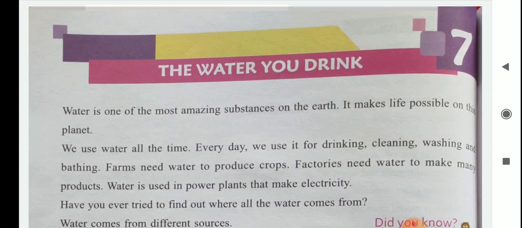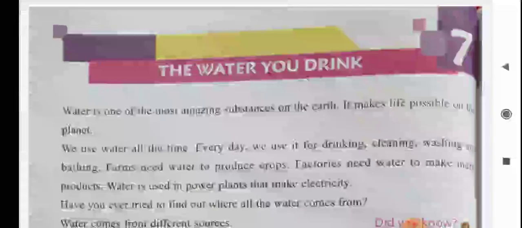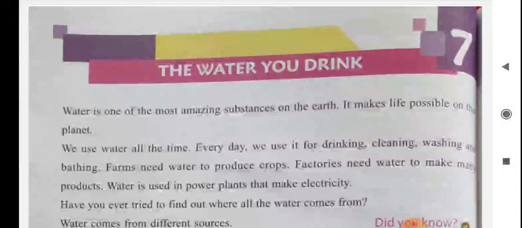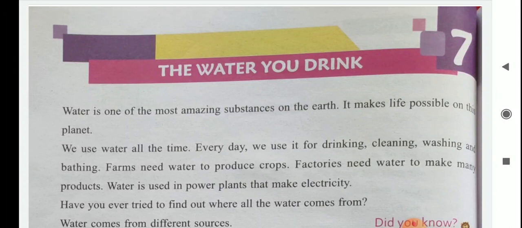Farms need water to produce crops. Factories need water to make many products. Water is used in power plants that make electricity. So we use water in our different activities.